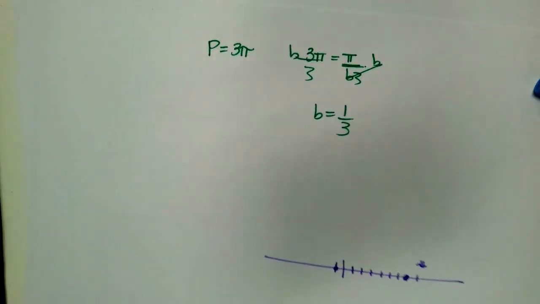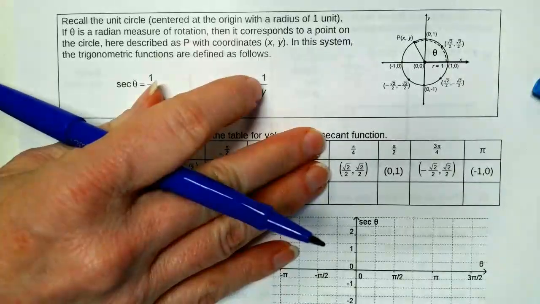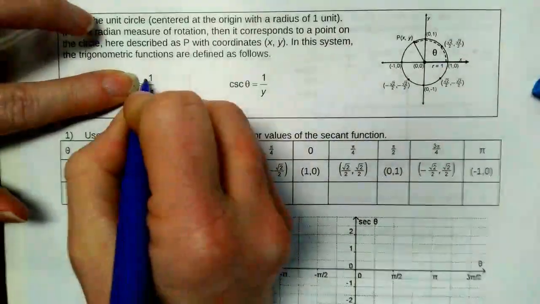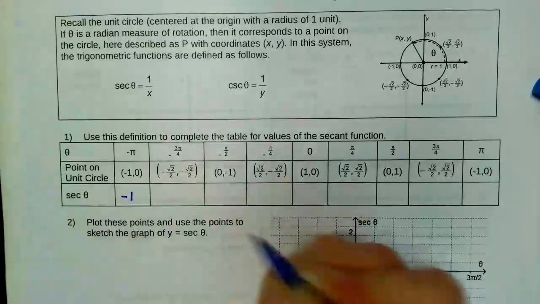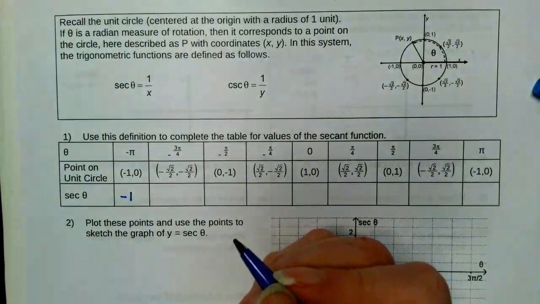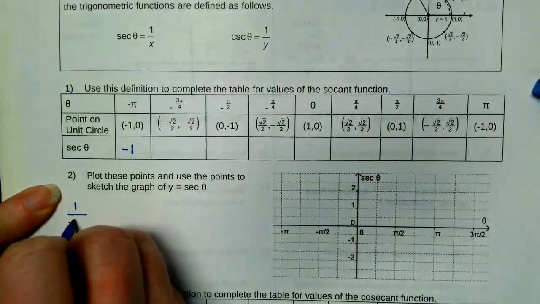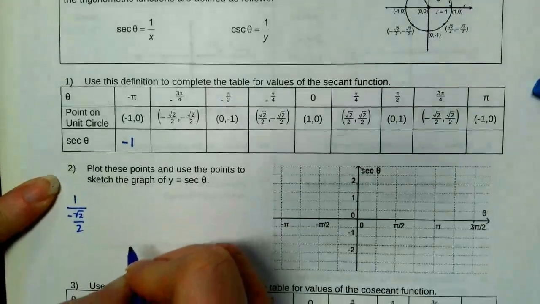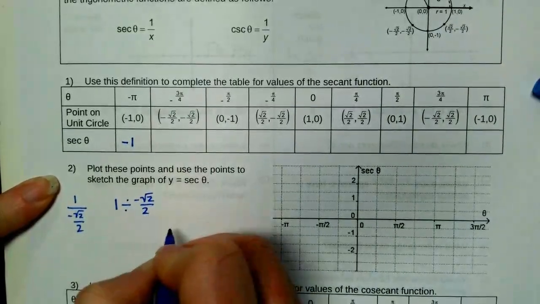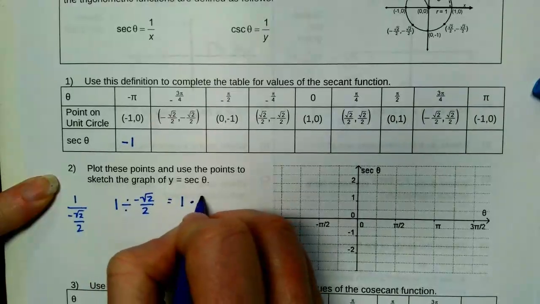So on that first one, 1 over x, so that would be 1 over negative 1. So it's negative 1. Then 1 over negative square root 2 over 2. I'm going to go down in this space by 2, and I'm going to do that. That is 1 divided by negative square root of 2 over 2, which we keep, switch, flip.